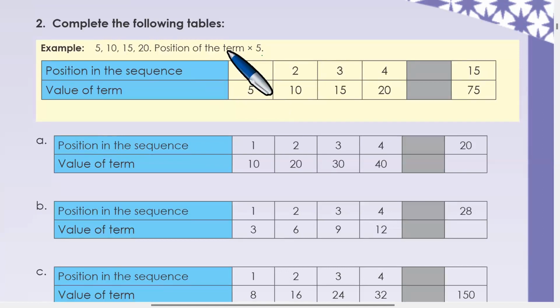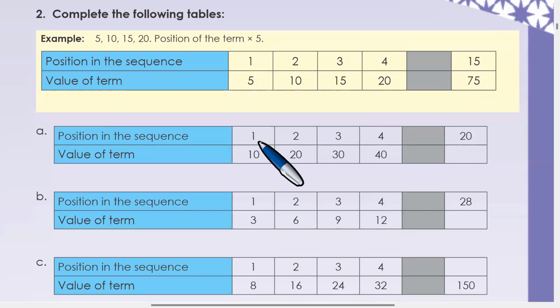Position 2 times 5 is 10. Position 3 times 5 is 15. Position 4 times 5 is 20. Position 15 times 5 is 75.